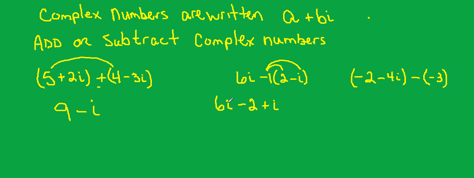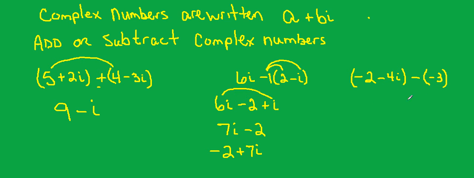And I'll combine my like terms of 6i plus i is 7i minus 2. However, this is not in the right form, so I want to flip this around and write it as a is negative 2, and that'll be plus 7i. And there you have it as a plus bi.